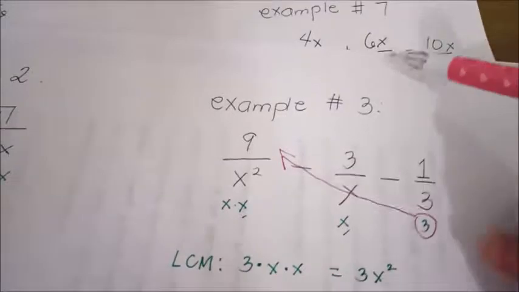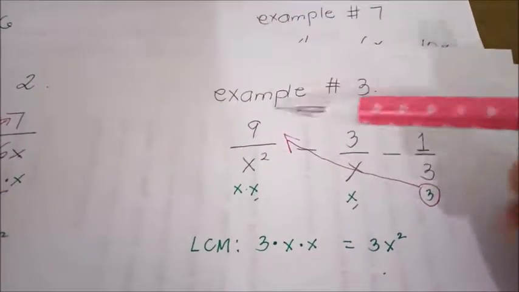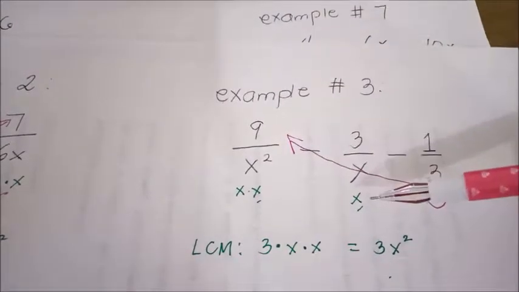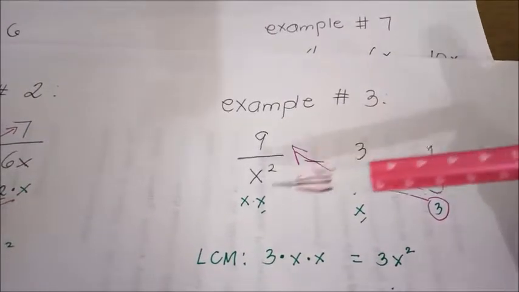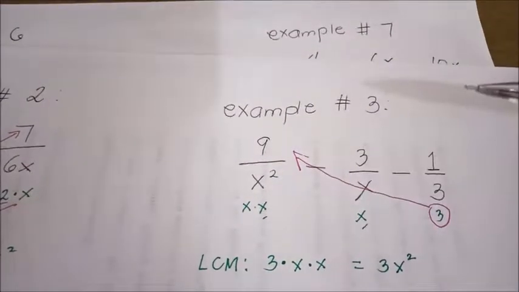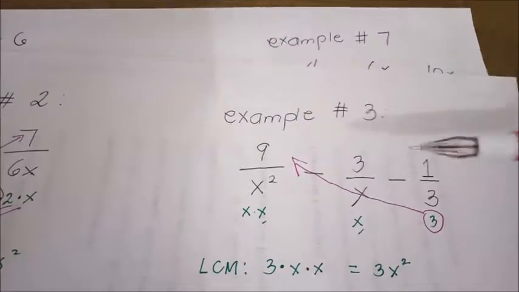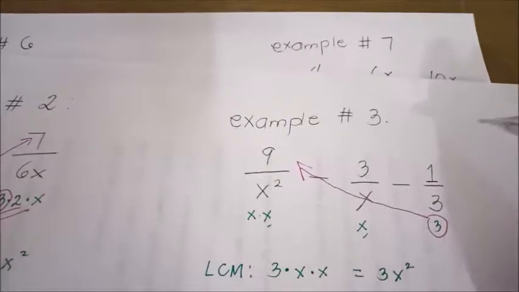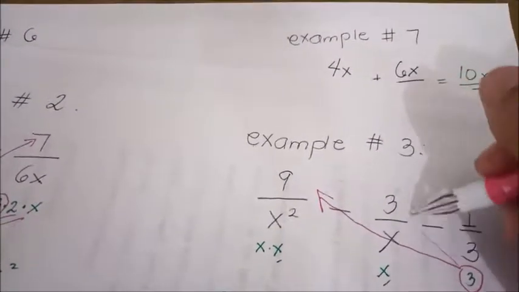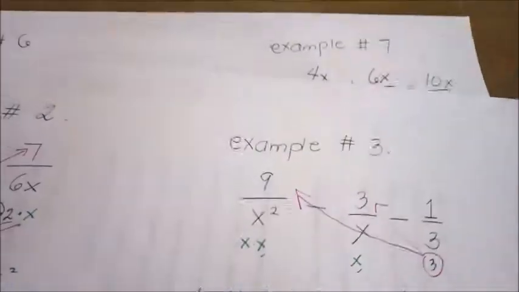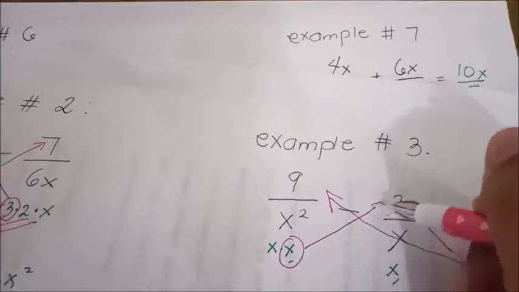So, we have here factors ng x na wala sa 3 times x. Kung ang sagot mo ay isang 3 at isang x, edi yun po ang ita-times nyo. Isang 3 at isang x ulit nun.